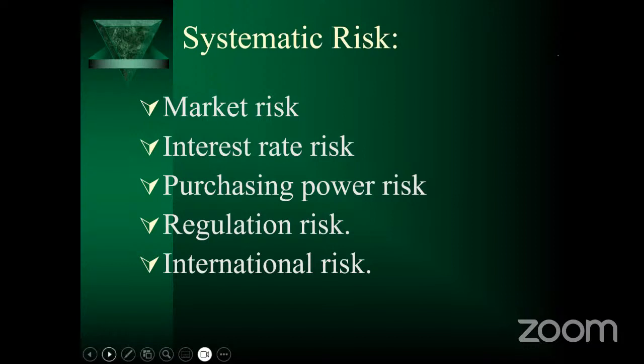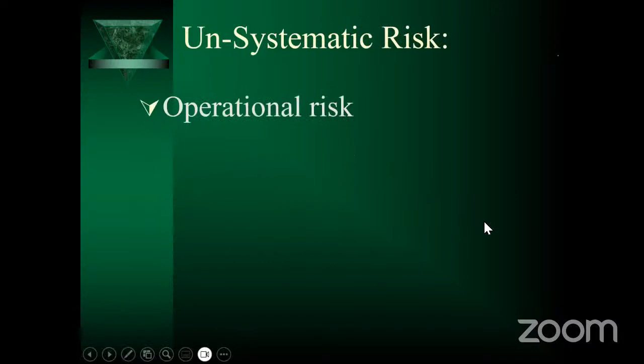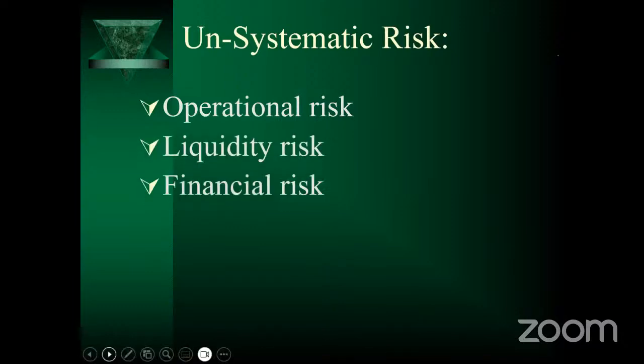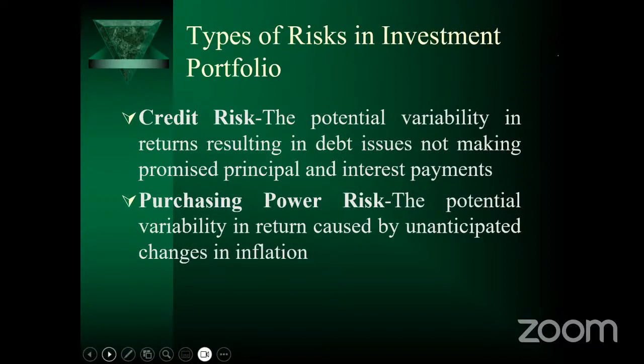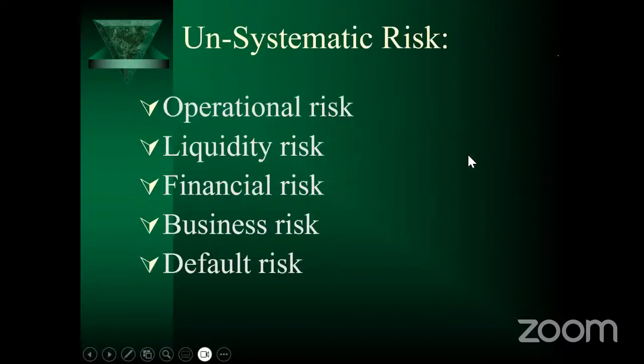Very good. Thank you. Let us proceed to the next, that is unsystematic risk, which is purely controlled and to some extent it can be managed by the business organization itself. This is all about your operational risk, liquidity risk, financial risk, business risk, and default risk. Operational risk is due to your business operations. If you are not capable enough to operate your business, definitely risk will be there.